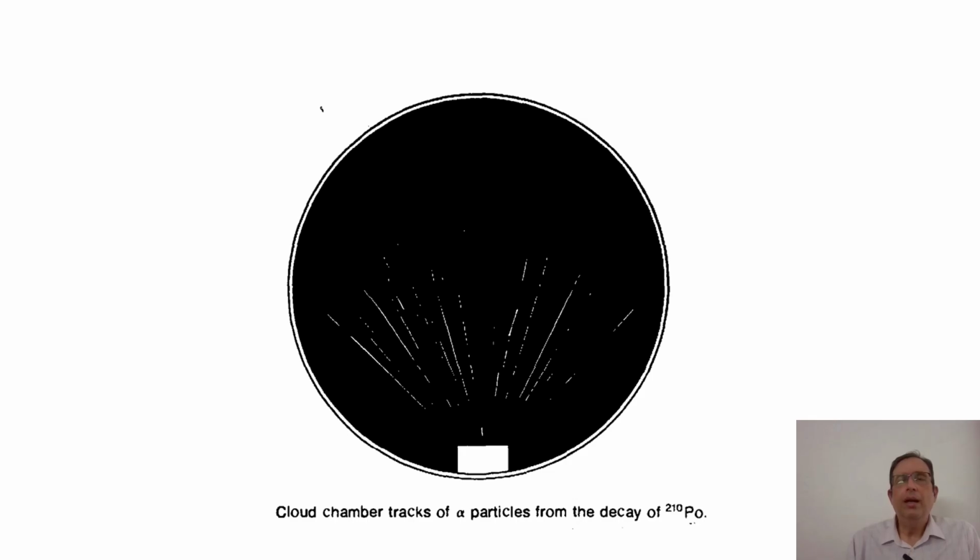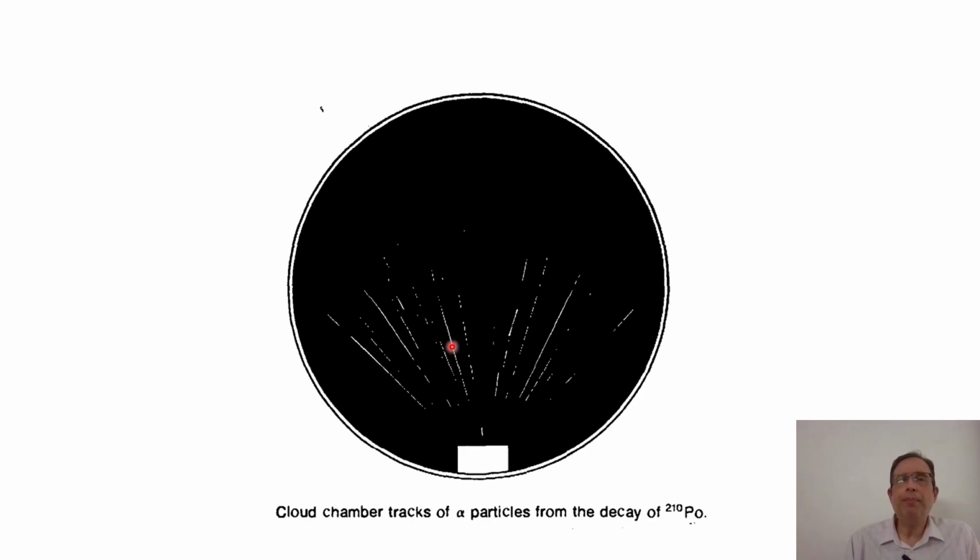So here in this particular figure you have a cloud chamber. This circular figure represents a cloud chamber, and inside there is a source of radioactive material, which is emitting a lot of radiation. You can see the cloud chamber is filled with a certain gas, and in that gas these particles are moving.